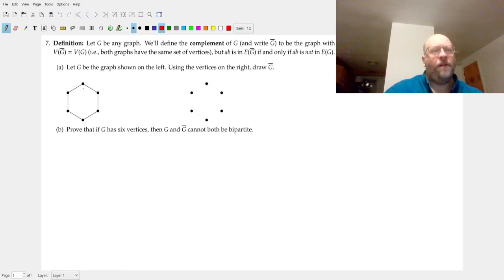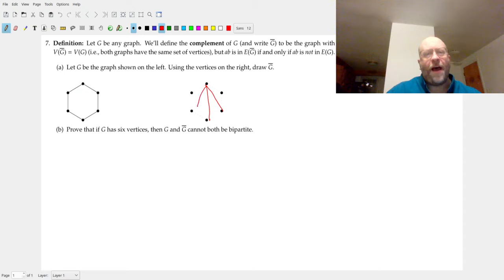of vertices. So this graph over here and the graph on the right have 6 vertices, the same 6 vertices. But AB is in the edge set of G bar if and only if AB is not in the edge set of G. So we're not going to draw the edges that are along the boundary, but we're going to have to include all of the diagonals.